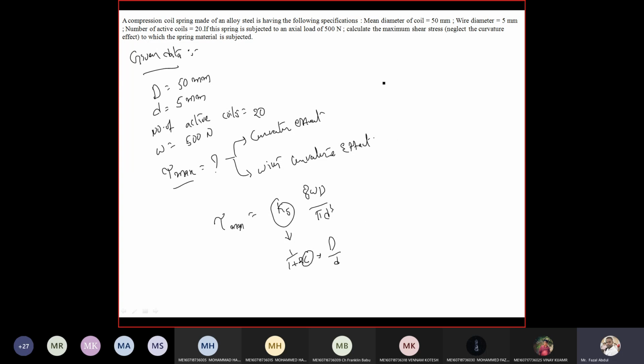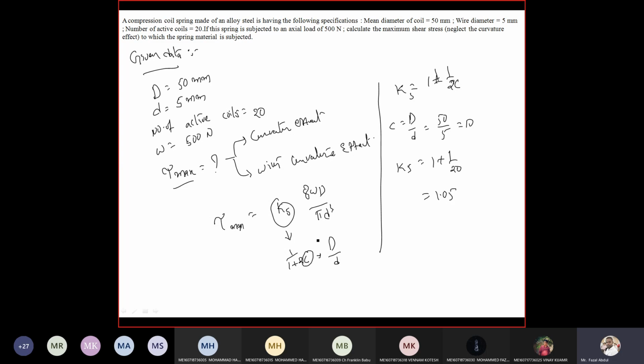First calculating the Ks value separately. Ks is 1 plus 1 by 2C. The C value is capital D by small d, that is 50 by 5, that is 10. Now Ks is 1 plus 1 by 20, so the Ks value is 1.05.